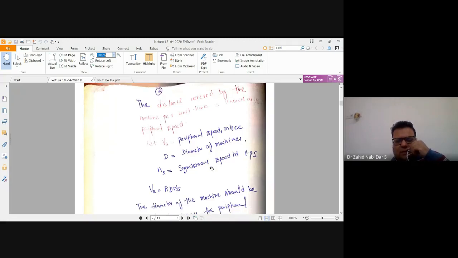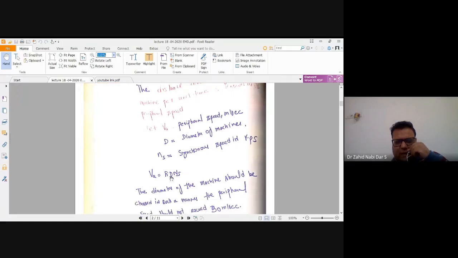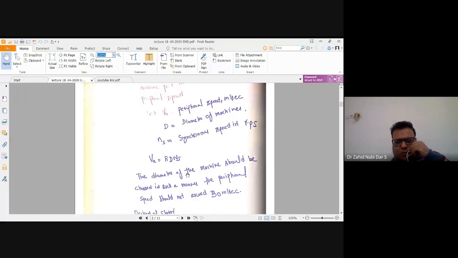Now the velocity depends upon the circumference and the speed of the synchronous machine. So it is given by pi d ns, so your velocity va is equal to pi d ns.